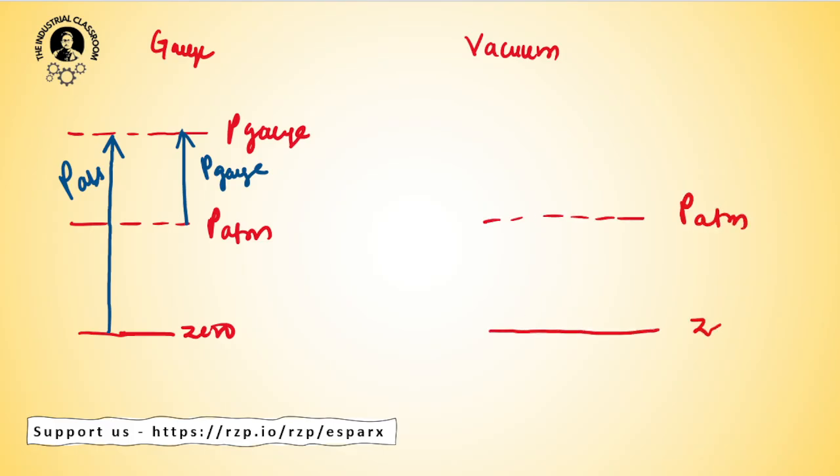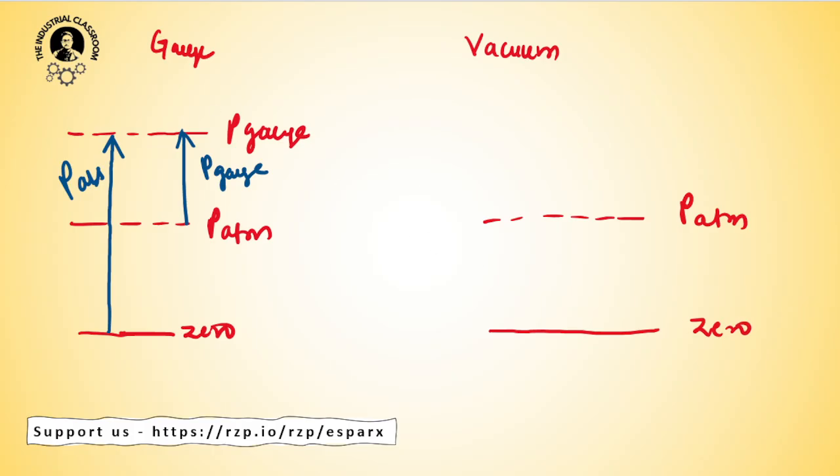Okay, this distance is the gauge pressure. Now let us consider some pressure which is below atmospheric pressure. So we will consider the vacuum pressure. Now this is the same atmospheric pressure. This is the zero line or zero pressure, which is called the absolute vacuum also, right?